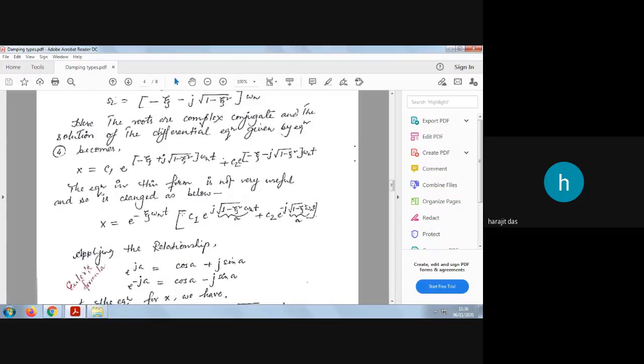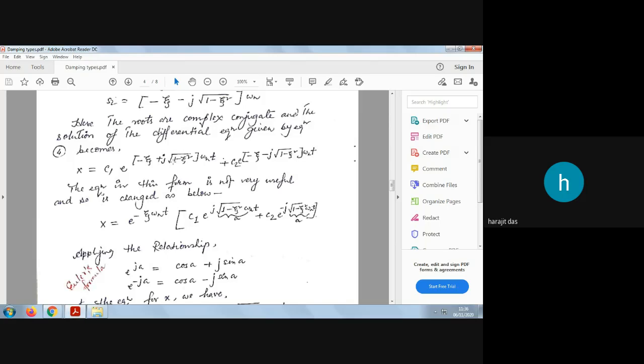Now the equation in this form is not very useful, so it is changed to this one. There is the expression e to the power minus zeta omega n t in both terms, so you can make it common.